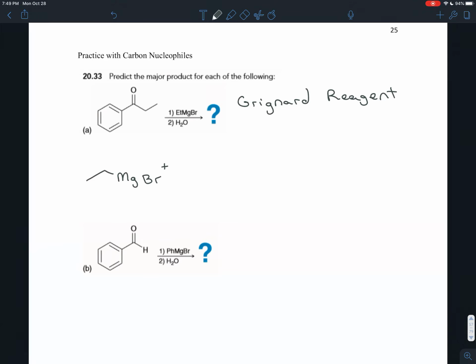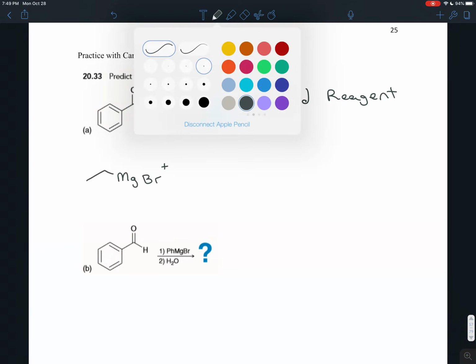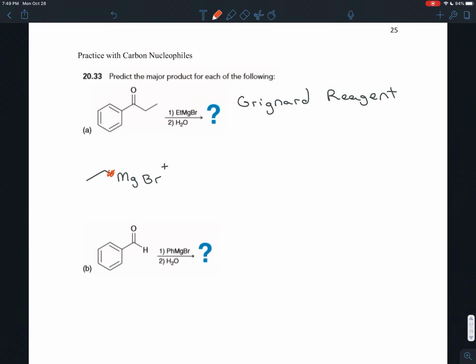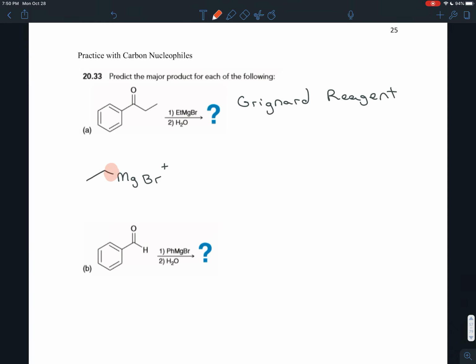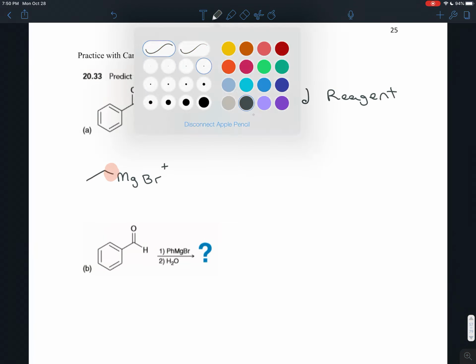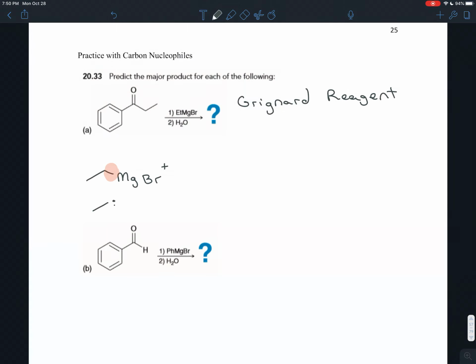But the magnesium is really far to the left on the periodic table. It's in group 2A. And so really, that bond in between the magnesium and the carbon is almost an ionic bond. You almost have just an ethyl group with a full lone pair and a negative charge ionically bonded to this magnesium bromide with a positive charge.